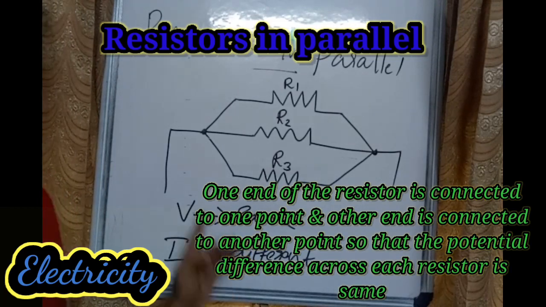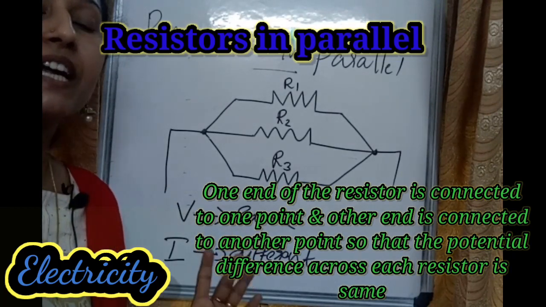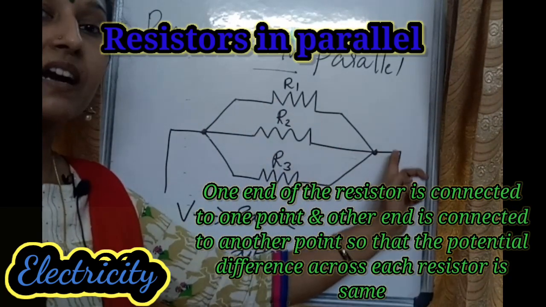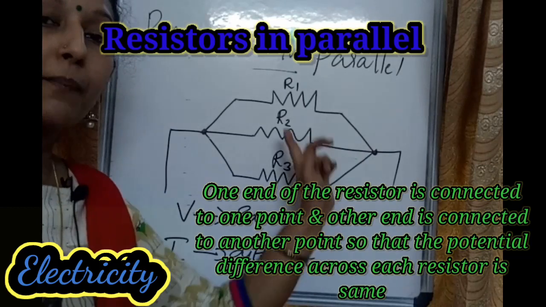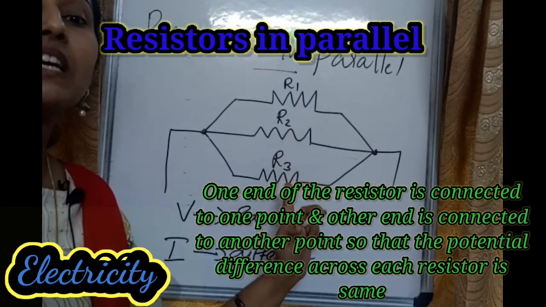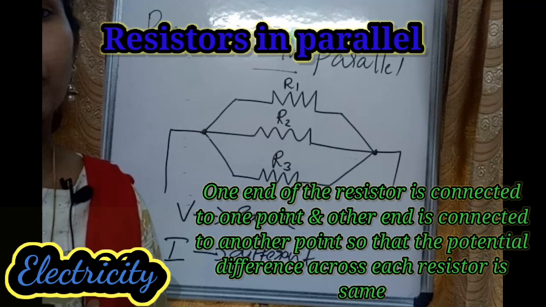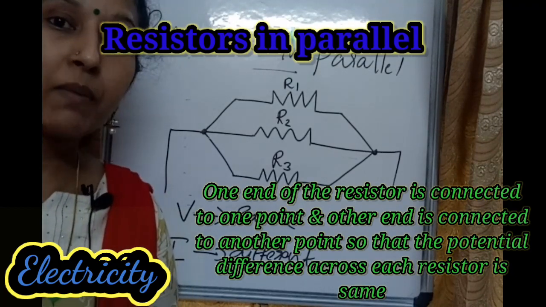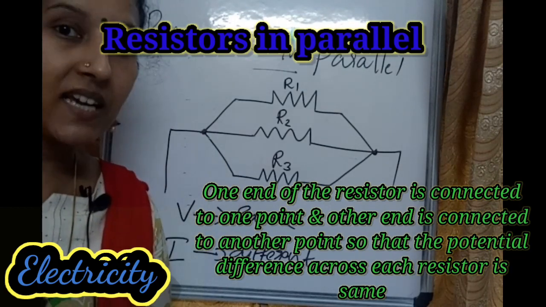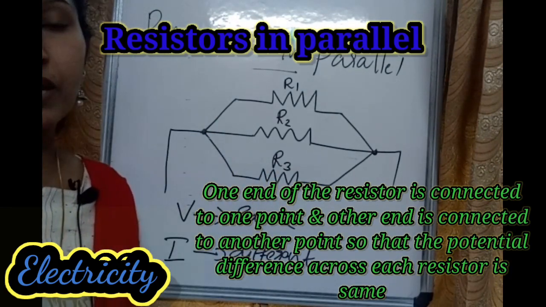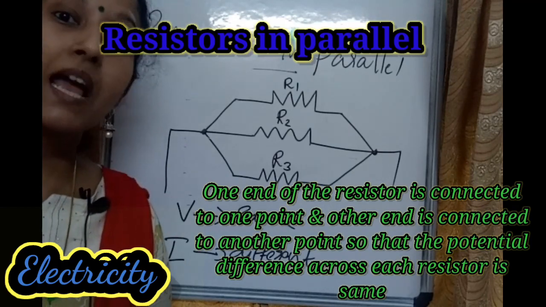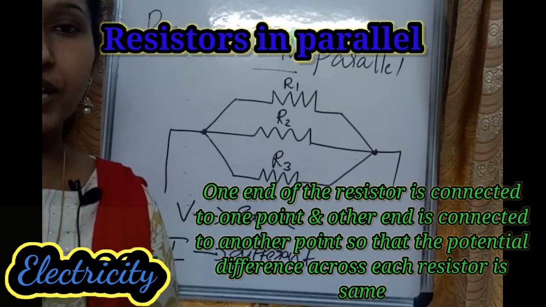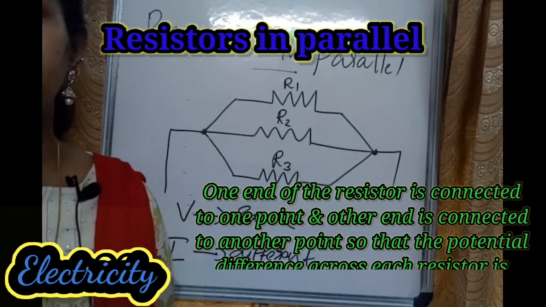So if n resistors are connected in parallel, the potential difference across each resistor is same and equal to the applied potential difference, and I is different for different resistors. So V same, I different.